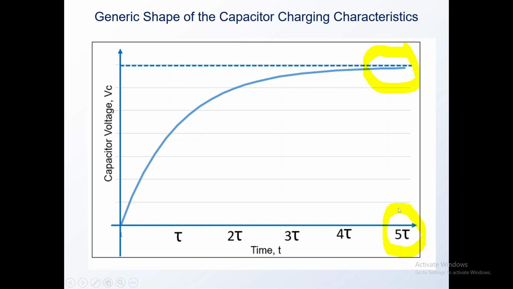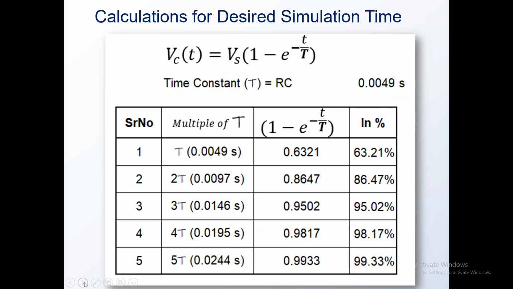That means if we run the simulation up to 5 time constants, then only we can have such an exponential.